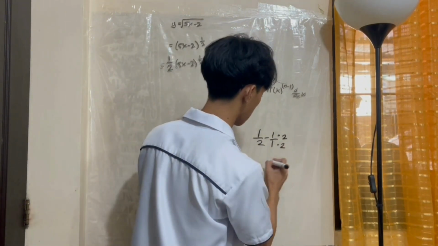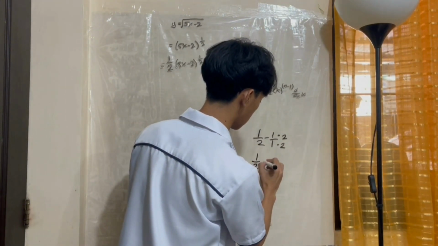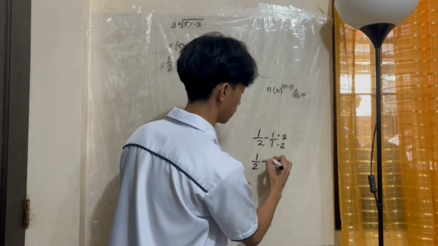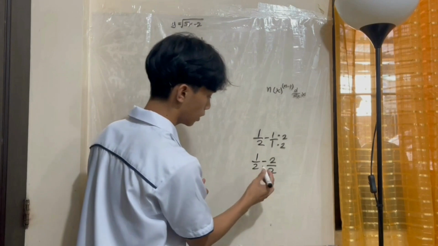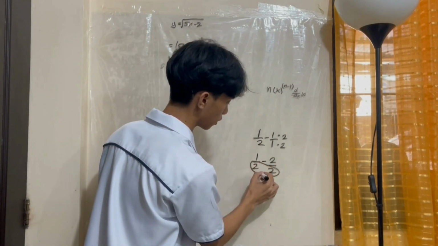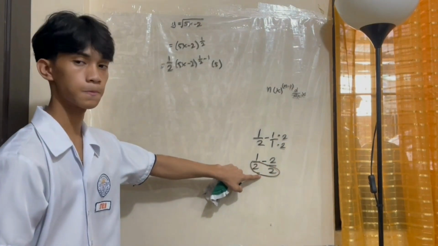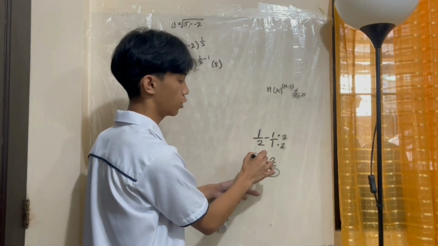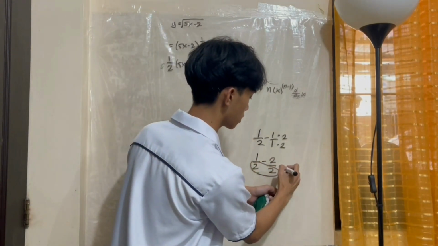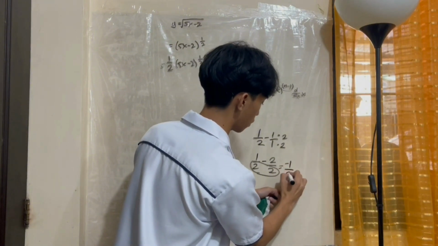Now, we already get the answer, which is 2 over 2. As you can see, our denominator is already the same. So, we just need to subtract our numerator, which is negative 1 over 2.